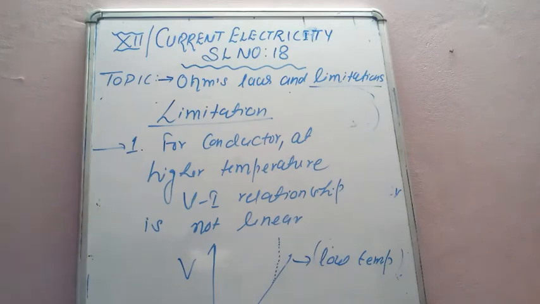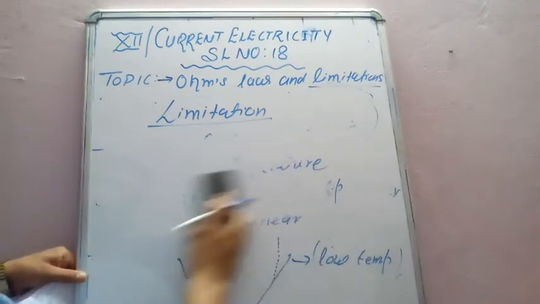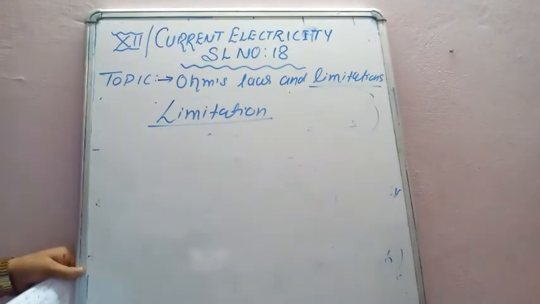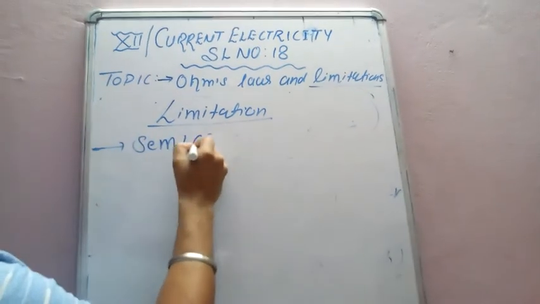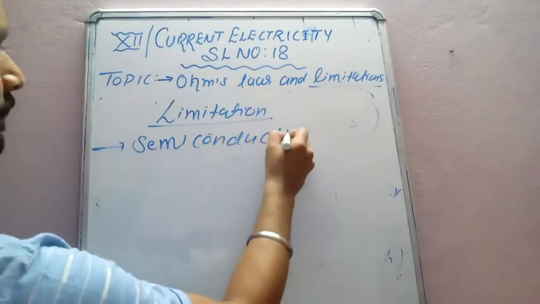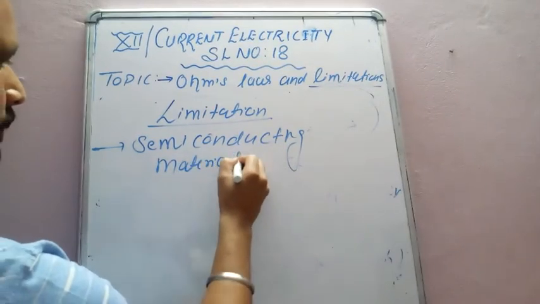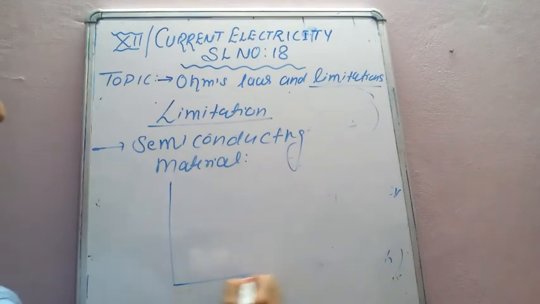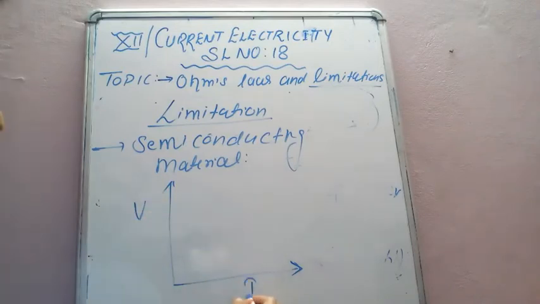The second limitation is for semiconducting material. The VI graph is not linear at all.